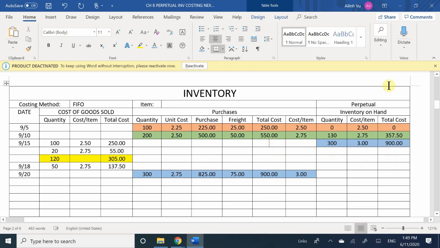All right, so now we have already transferred into our inventory here.